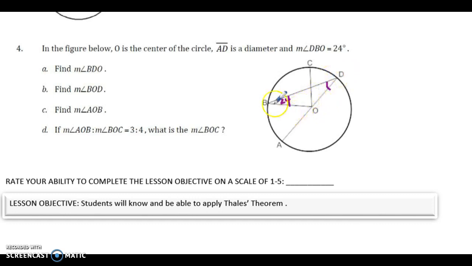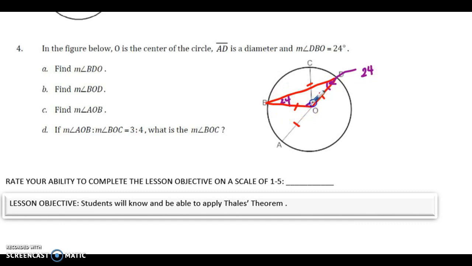I'm going to start with knowing that all radii of a circle are congruent. So that, and that, and that, and actually this one too, are all congruent. If I first take a look, this triangle is isosceles. So if I have 24 there, I can also put 24 for this angle.